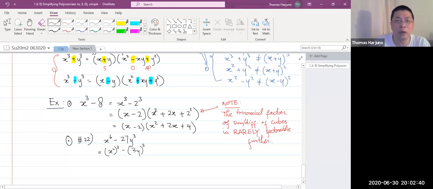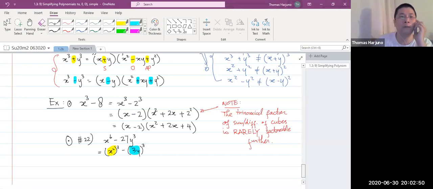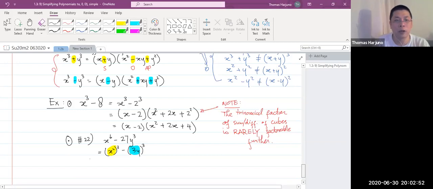What do I mean by a or b? I mean the following. This is my first term. This is my second term. When I factor it later on, I will have two factors, the binomial factor and the trinomial factor. The sign will be the same, opposite, always positive.